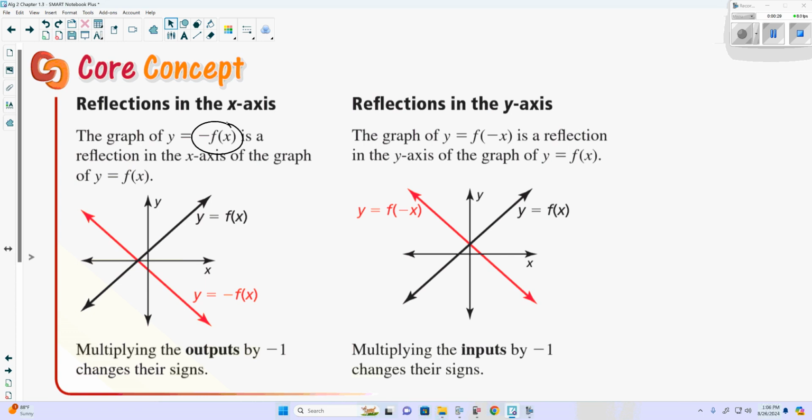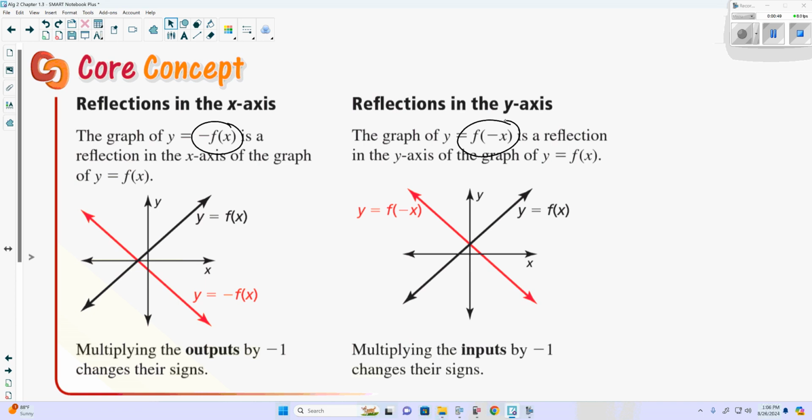So whenever we have a reflection across the x-axis, we're going to use the general form of negative f of x. And when we reflect it across the y-axis, we're going to have f of negative x. And these are the two general forms we're going to use for both of these here.